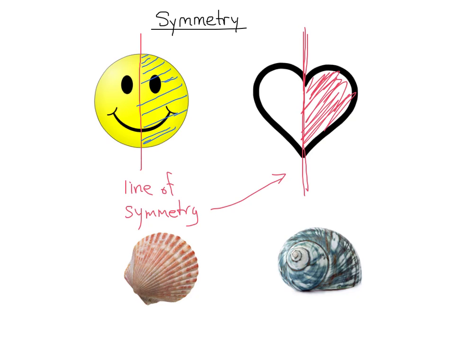And if we drew a line like that, and again, no ruler, so it's not perfect, we can take this side and map it onto the other side. So this side that I just shaded in red is a perfect reflection of this side. So the red line here is a line of symmetry.